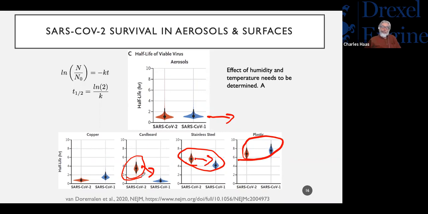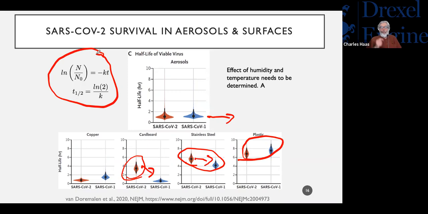So the question is, how much of a risk does cardboard and touching it pose to people, for example, who get package delivery and so forth? Now, I want to refresh your memory on the relationship between half-life and a rate constant.